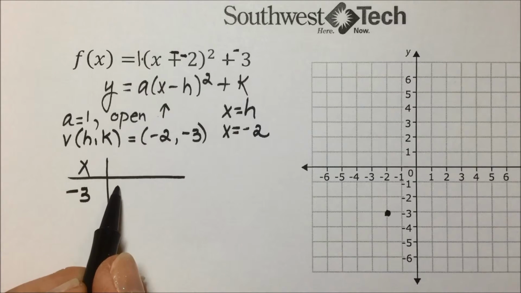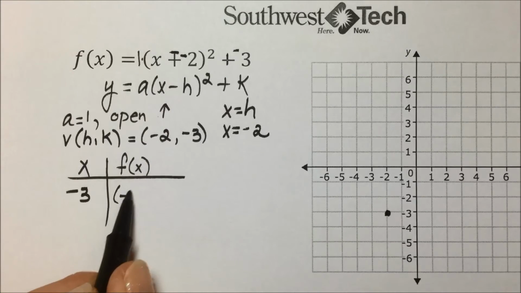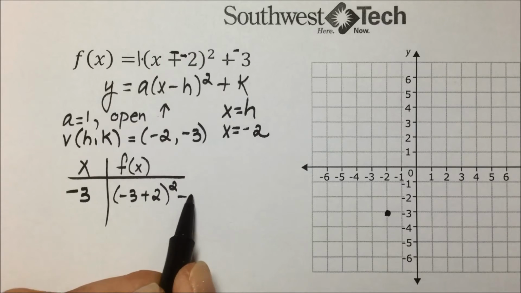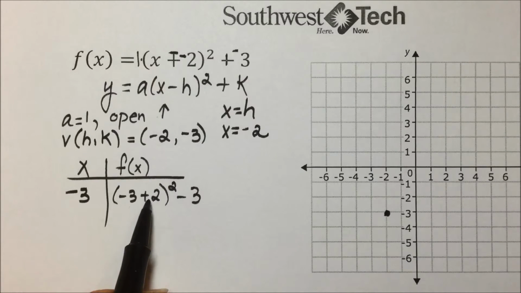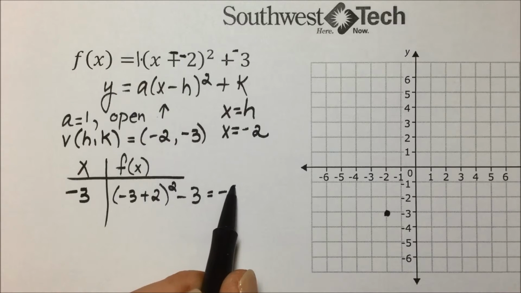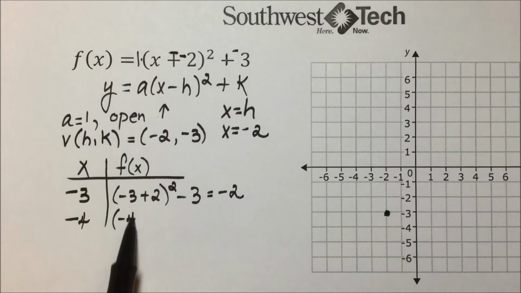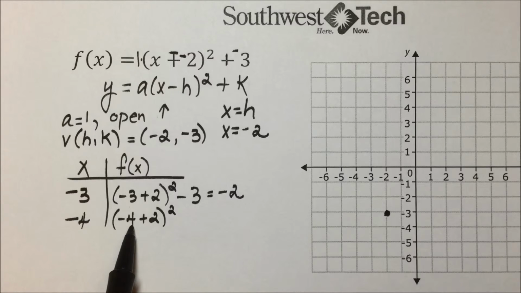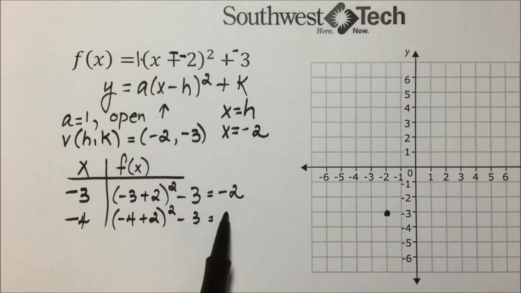Plugging it into the equation for our f of x value, we would have -3 plus 2 squared minus 3. Well, -3 plus 2 is -1, squared is 1, 1 minus 3 is -2. If we put a -4 in, -4 plus 2 is -2, squared is 4, minus 3 is 1.